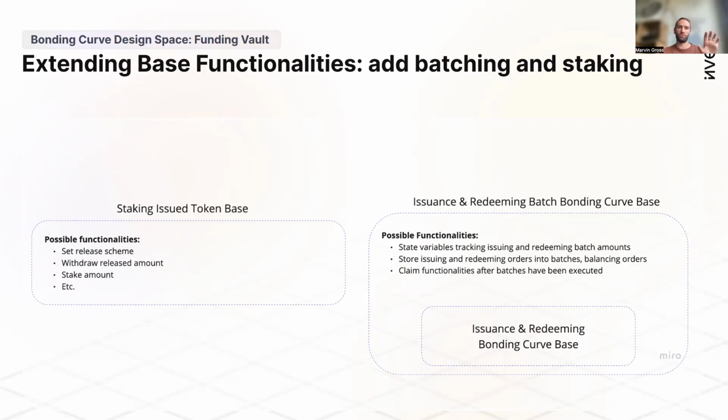So basically, someone, a community member, whoever, would need to design two different new base contracts and inherit from our base issuance and redeeming bonding curve. And then we can go to the next slide.